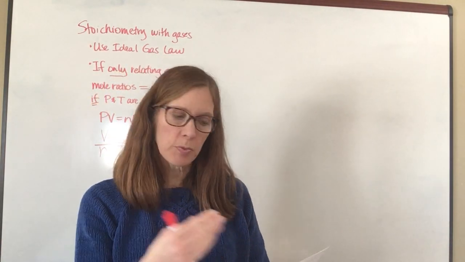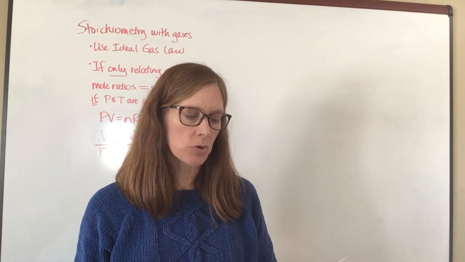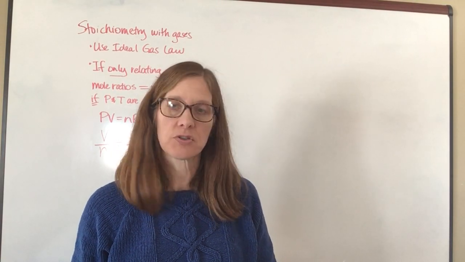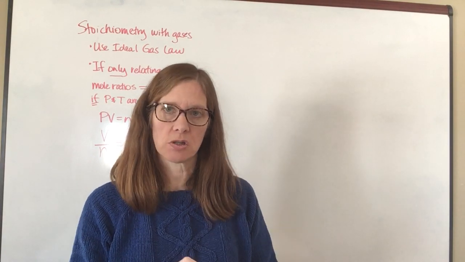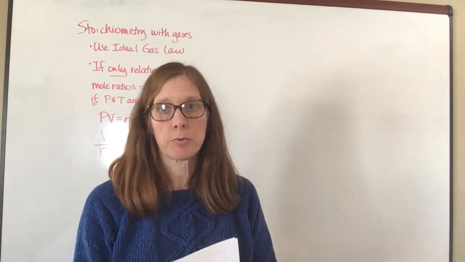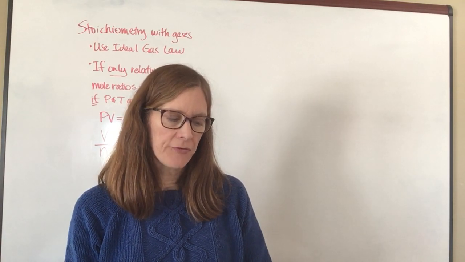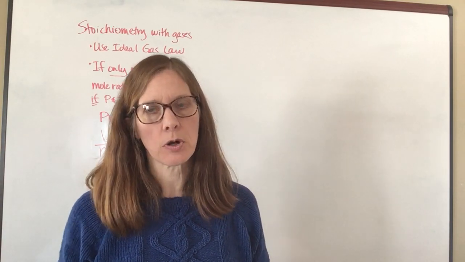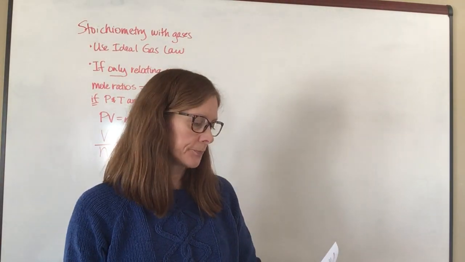Well, again, I've started with a gas, but what I'm looking for isn't a gas. What I'm looking for is the solid that's going to be produced. So I'm going to have to use a combination of my regular stoichiometry procedures as well as the ideal gas law. I have 4.5 liters of water vapor, so I've got to take that first and convert it into moles.